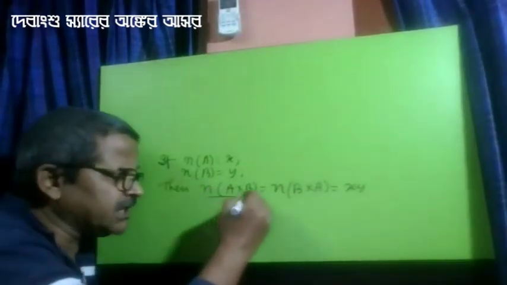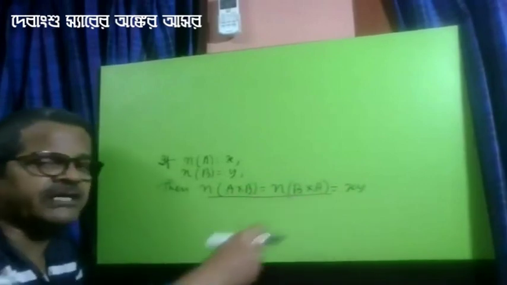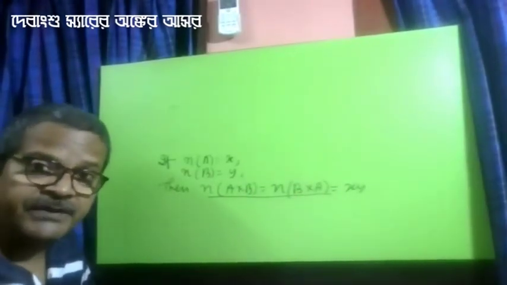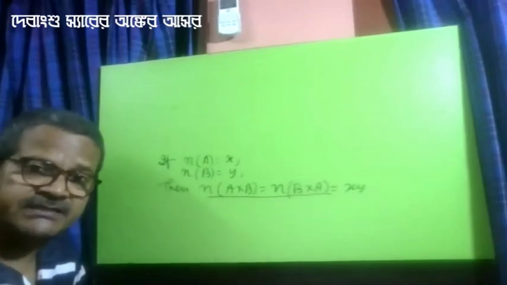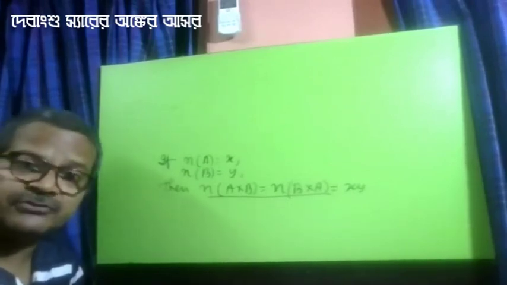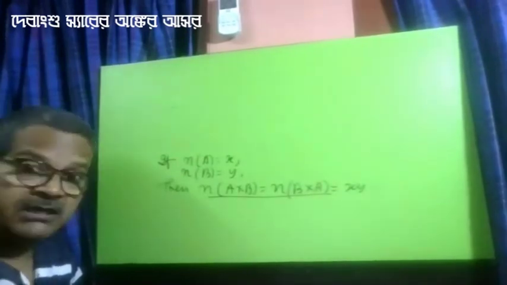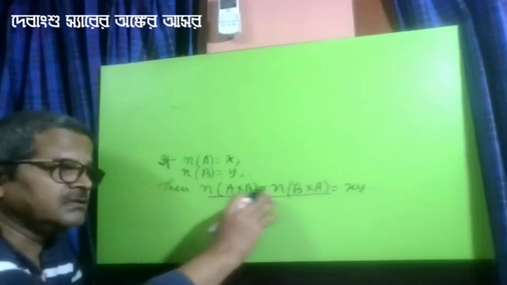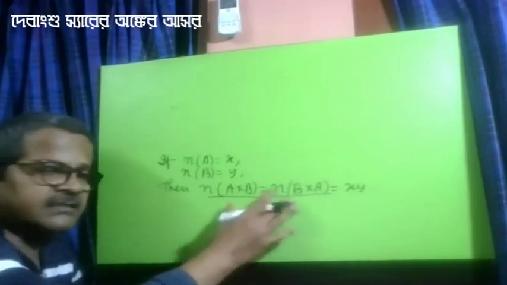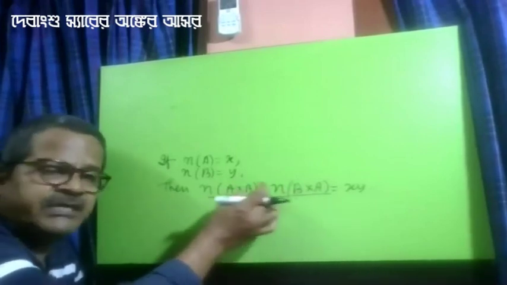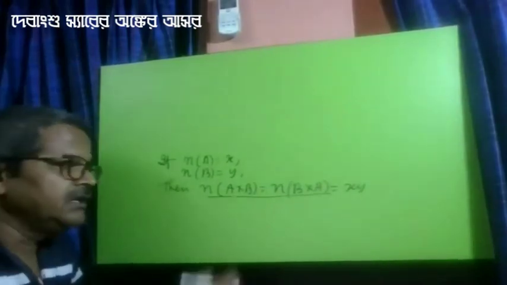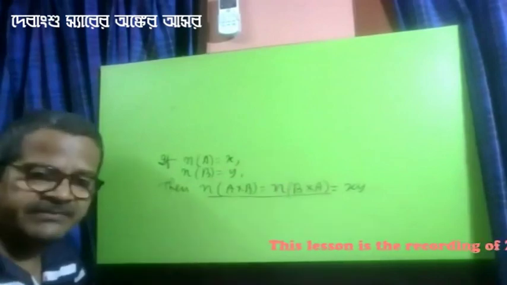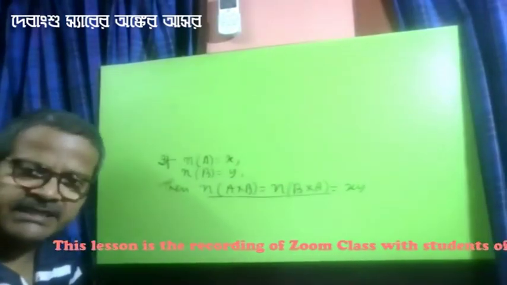Now see, this does not imply A cross B and B cross A are equal, because it is an ordered pair. (2,3) and (3,2) are different results. (p,1) and (1,p) are two different results. Ordering matters. So this does not claim that the relations A×B and B×A are equal. It only says that they have the same number of elements, xy.